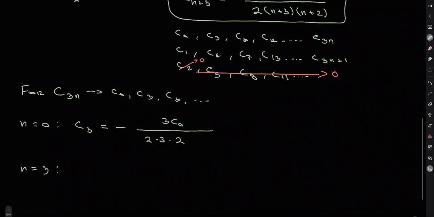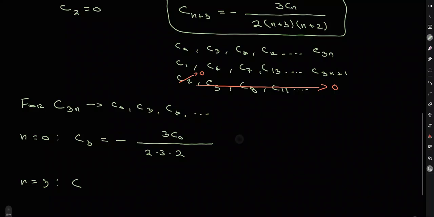That is c sub 3 plus 3, which is 6, and that equals negative 3 c sub 3 divided by 2 times 3 plus 3, which is 6, times 3 plus 2, which is 5.